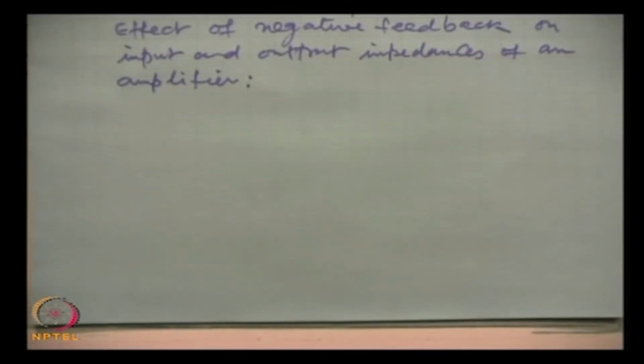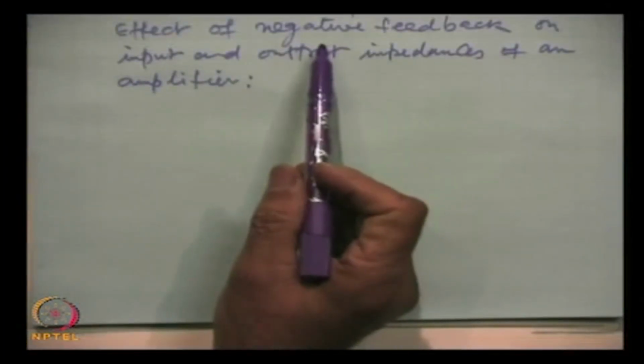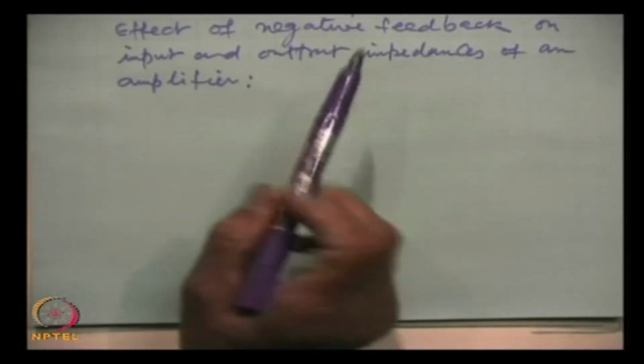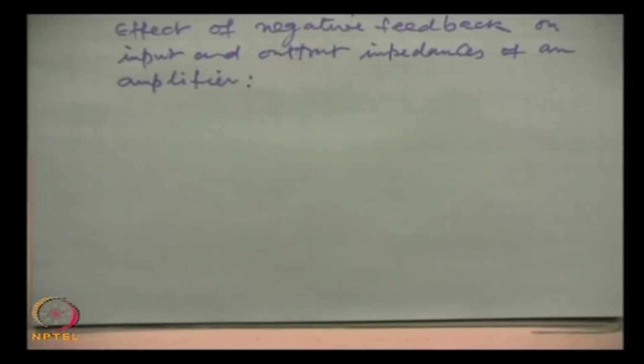I have been saying this, and I am sure now you have understood this statement, that all properties in a negative feedback amplifier are modified to the tune of 1 plus B A, that we will see here also. Now, we are studying the impact of negative feedback on input and output impedances.